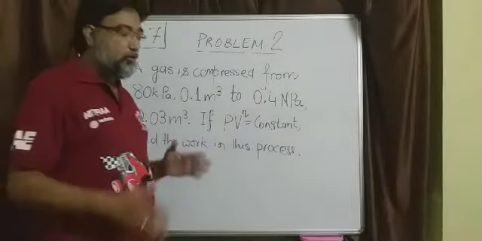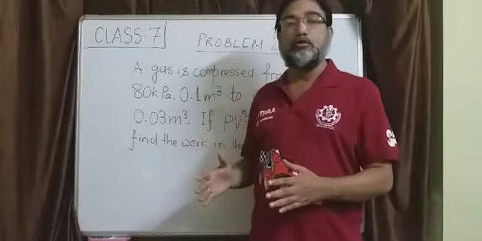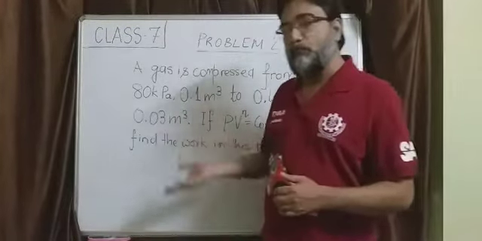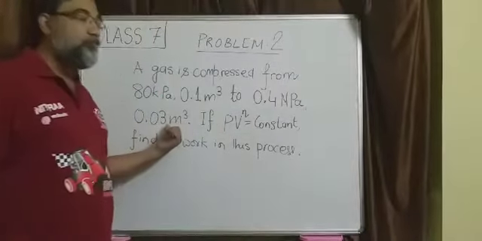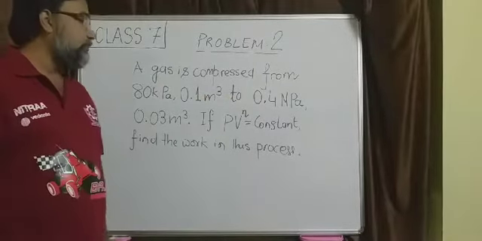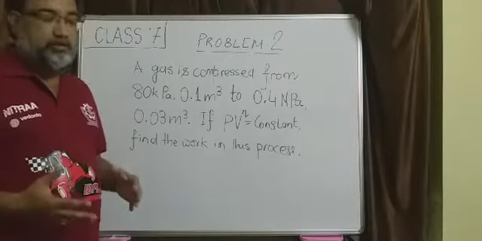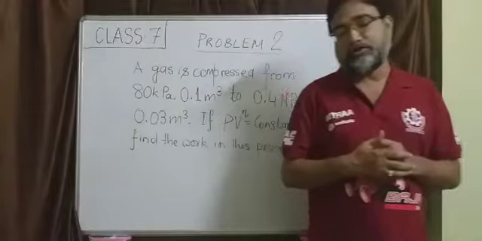That means one pressure value and volume value are given to you, which are representing the initial state. Then we have one final pressure value and final volume value, that are 0.4 megapascal and 0.03 meter cube. And this compression process is governed by an equation Pv to the power n is equal to constant.